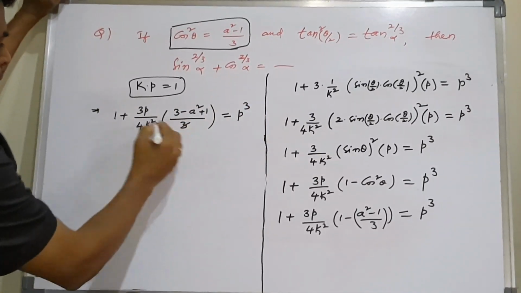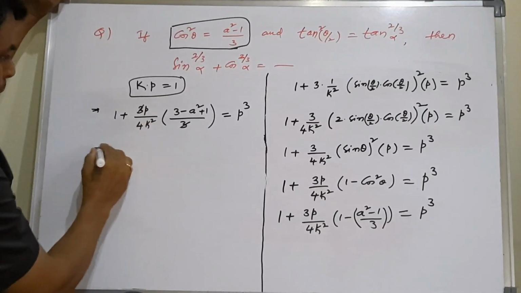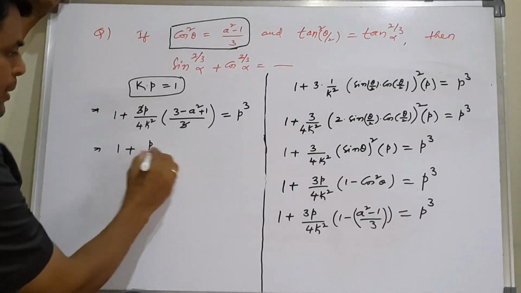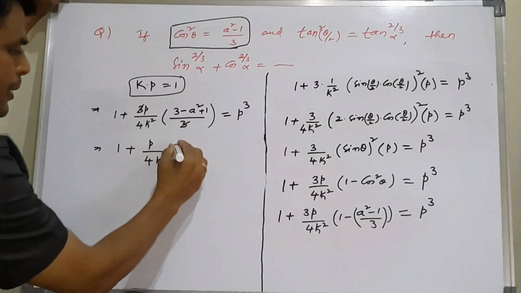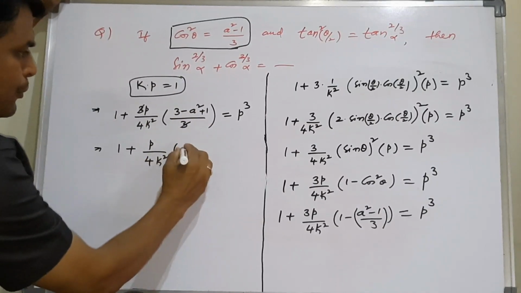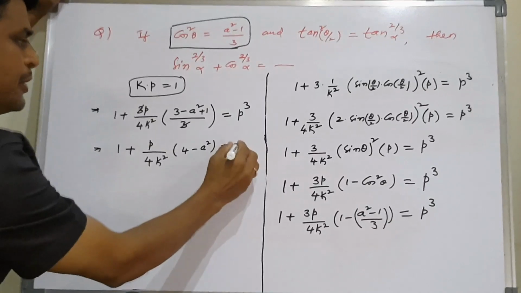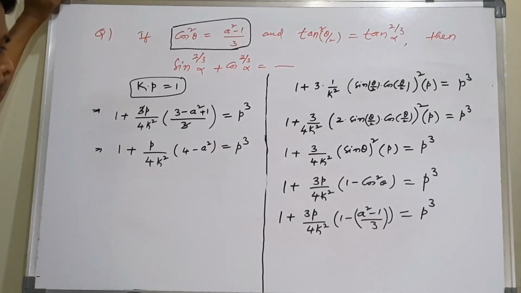So 3 gets cancelled. Then you are getting 1 plus p by 4k square into 4 minus a square is equal to p cube.